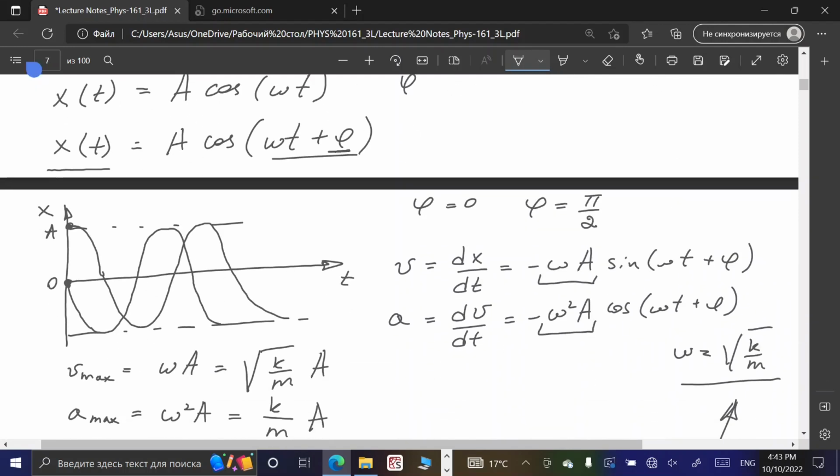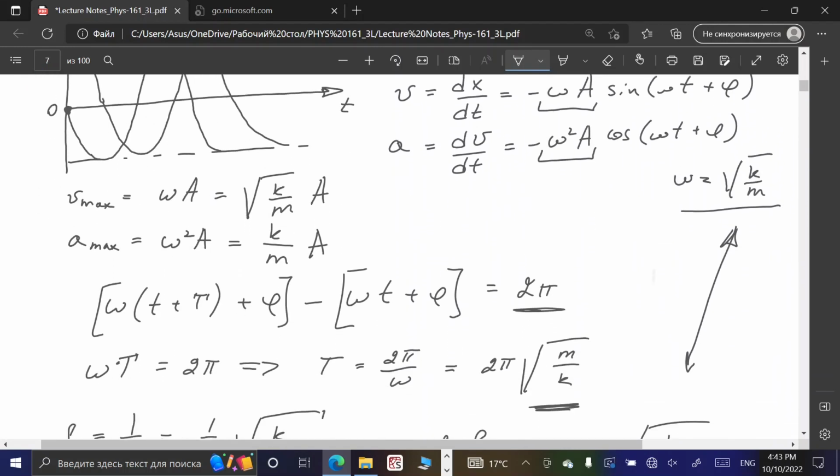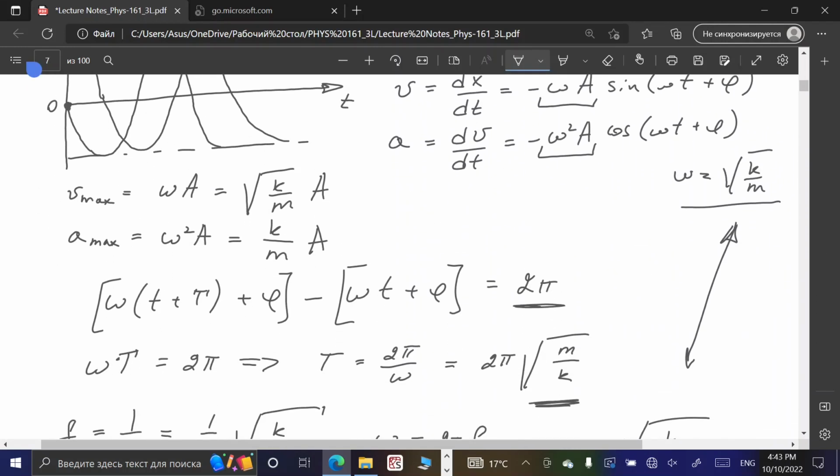And based on that, we introduce maximum velocity and acceleration and period and frequency of simple harmonic motion. So with this, we finish our discussion today. We will proceed further with simple harmonic motion and introduce kinetic and potential energy as a function of time and so on. So thank you very much for attention and see you next time on Wednesday.